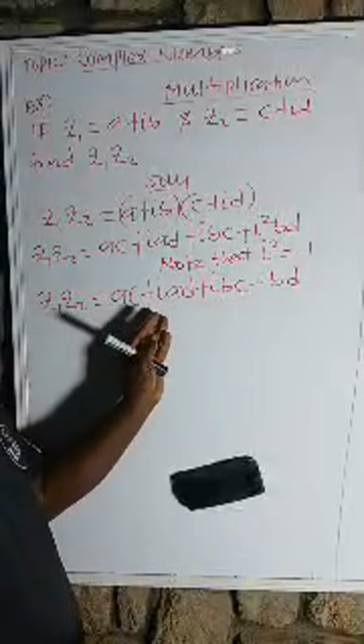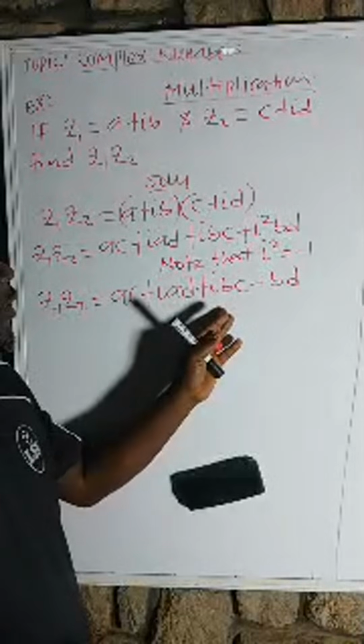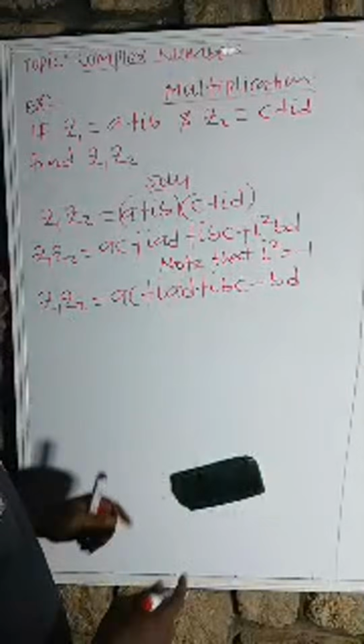So our z1 z2 is equal to AC plus iad plus ibc, and here will be what? Minus, because minus times plus, minus bd. So you can now see that we have the real part and imaginary part.